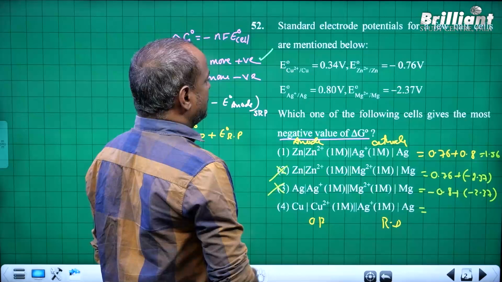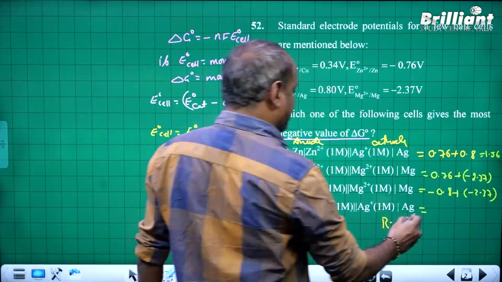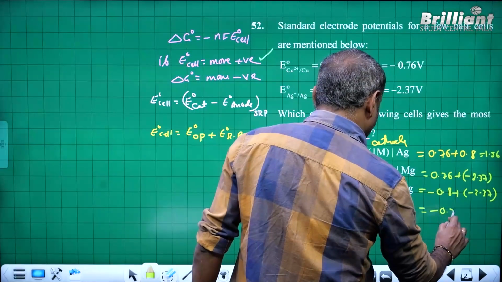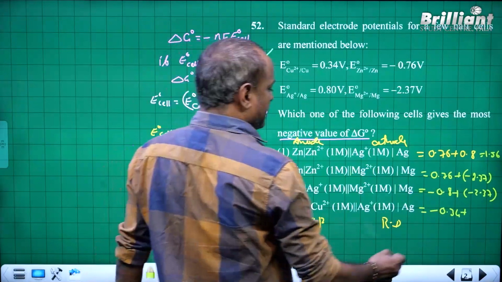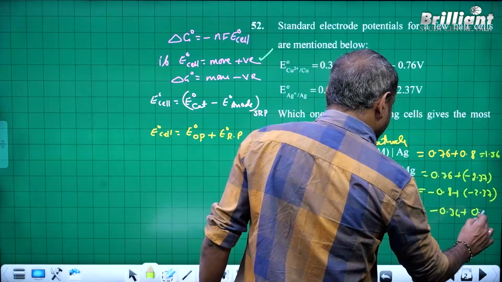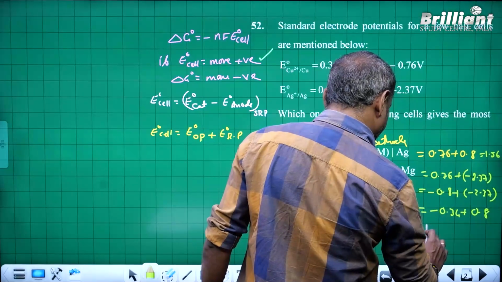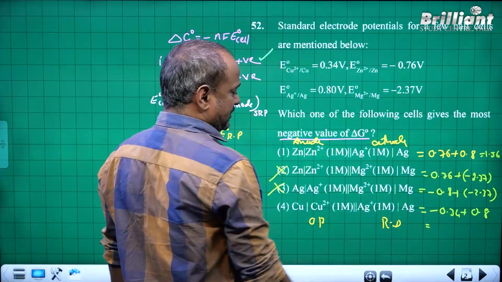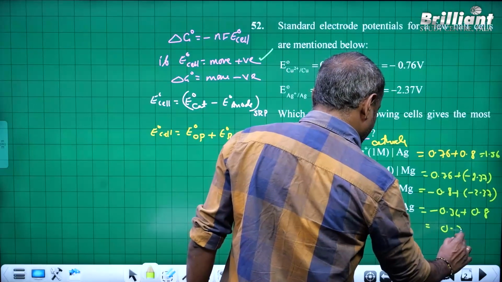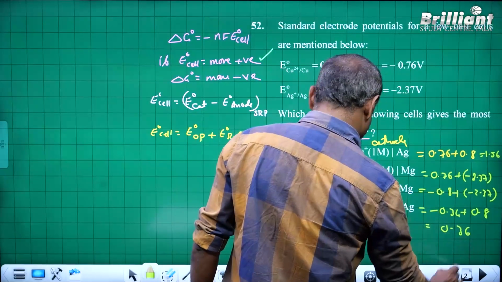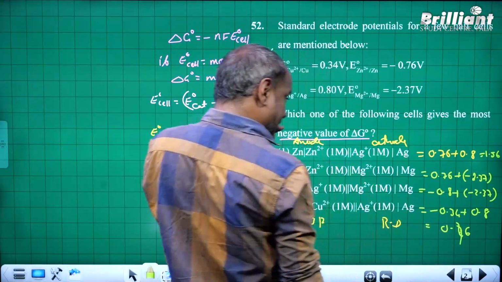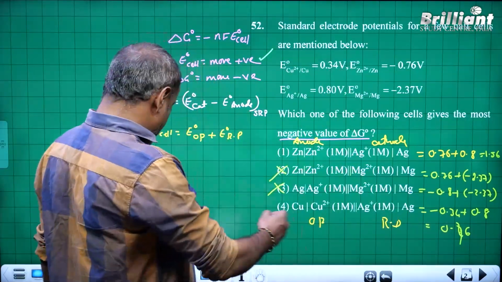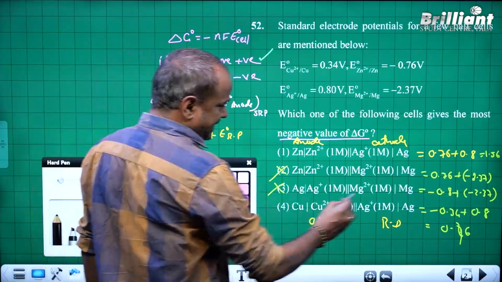Copper OP value minus 0.34, RP of silver 0.8, around 0.46. So now which is highest value? 1.56 is the highest value.